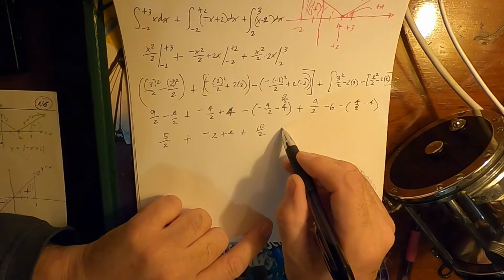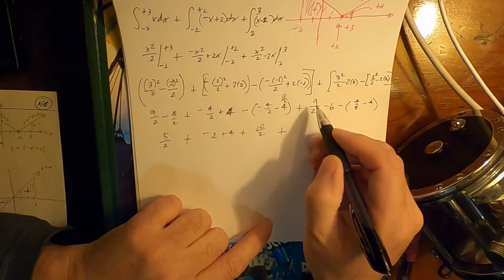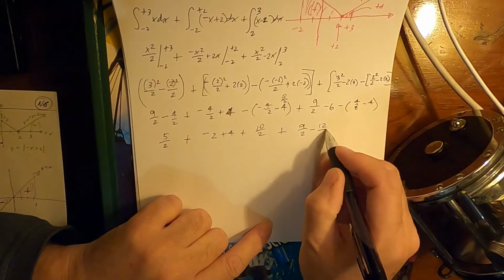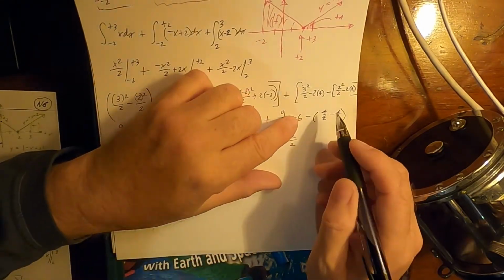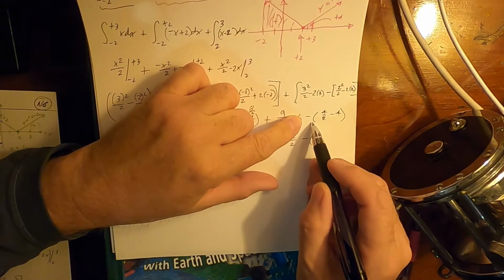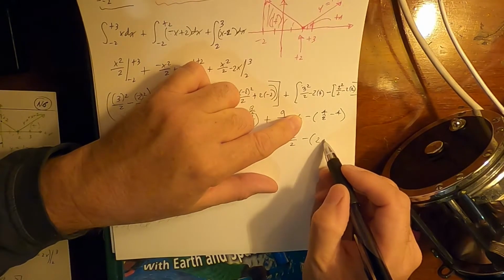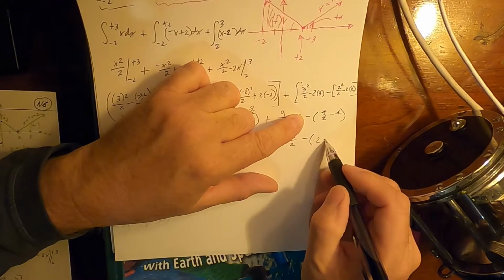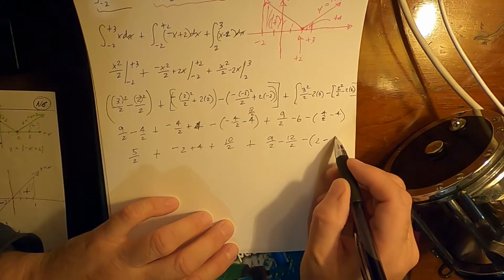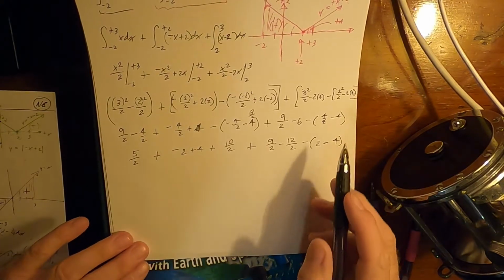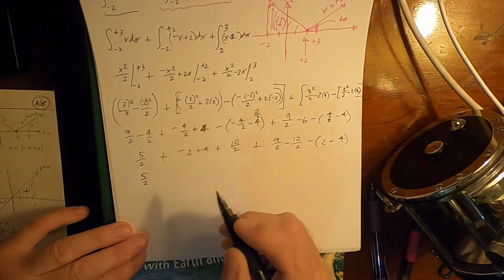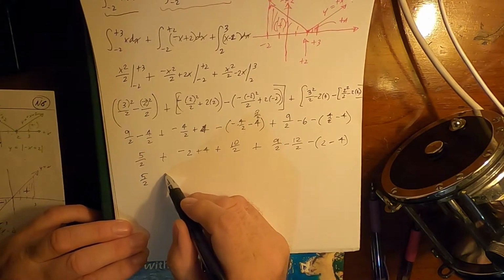And then I have plus 9 over 2 minus 12 over 2. And then we have a minus 2 and minus 4 rather, and let's bring it down again, 5 halves, okay.